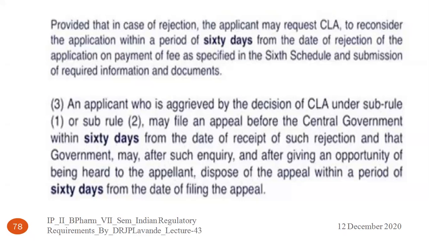If the applicant is rejected, the applicant may appeal to the central government within 60 days from the date of receipt of such rejection, and the government may, after such inquiry and after giving an opportunity of being heard to the applicant, dispose of the application within a period of 60 days from the date of filing the appeal.